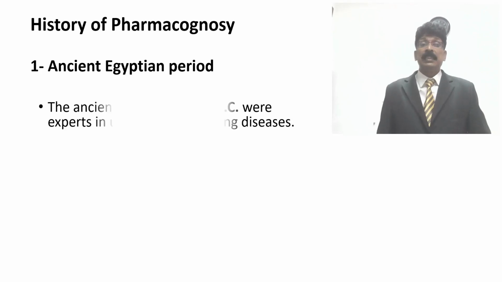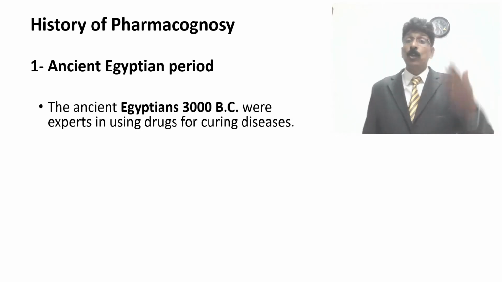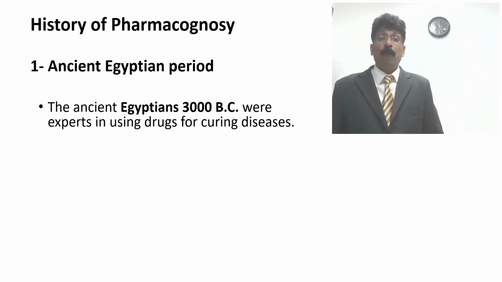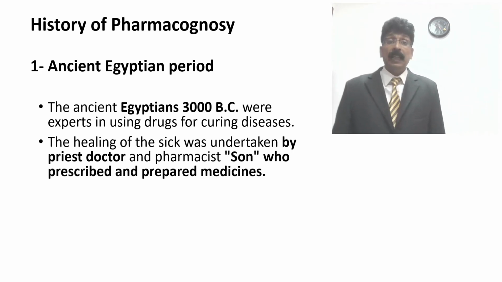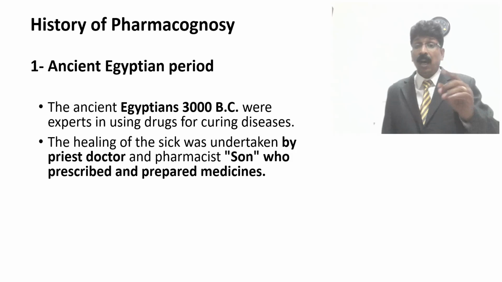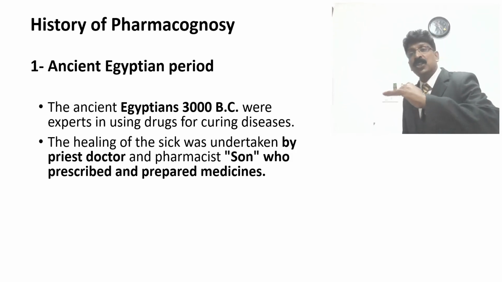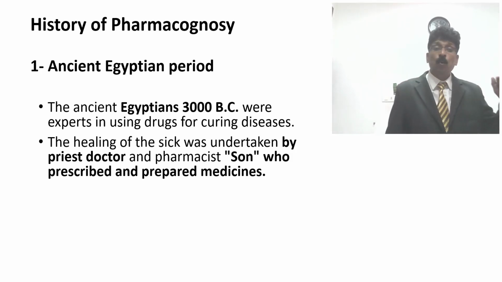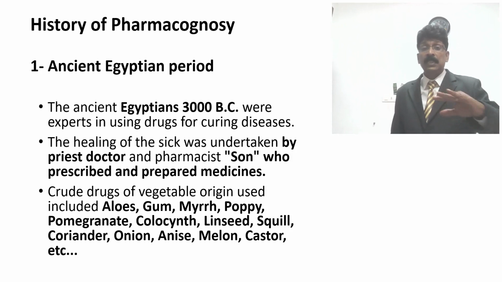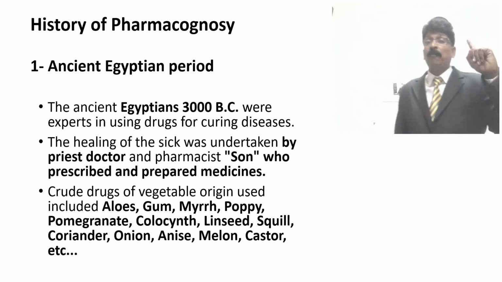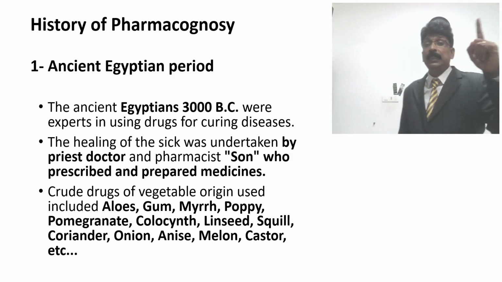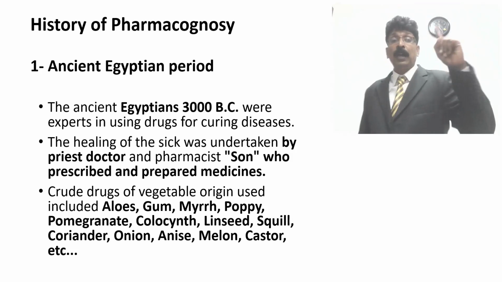The ancient Egyptian period starts around 2000 BC, where experts were preparing drugs and curing diseases, and healing the sick was undertaken by priests, doctors and pharmacists, who prescribe and prepare medicine. They were always prescribing. So the word prescribing has come from long back, 3000 years before Christ.